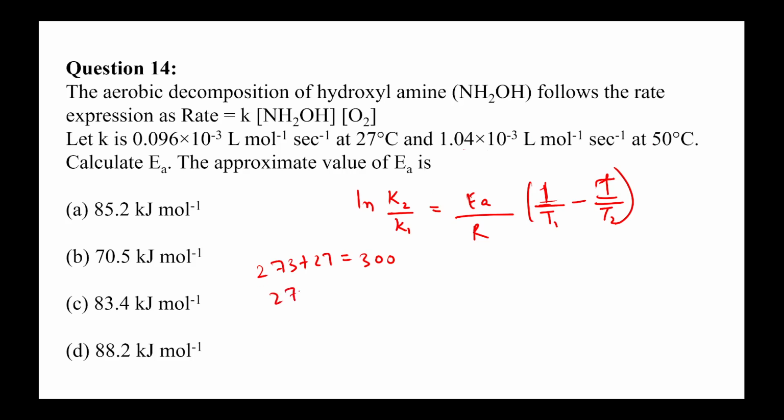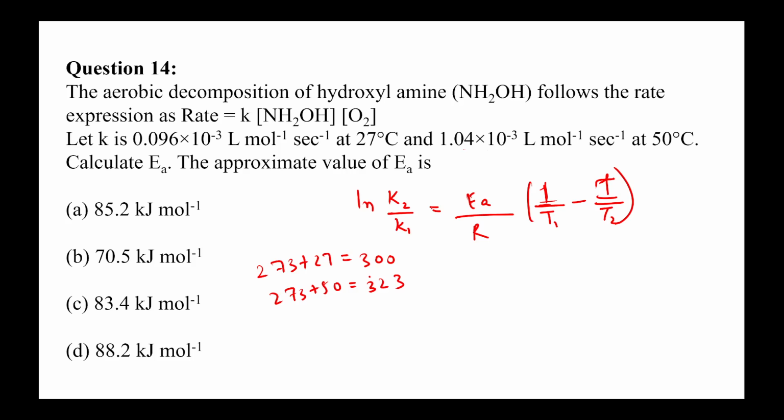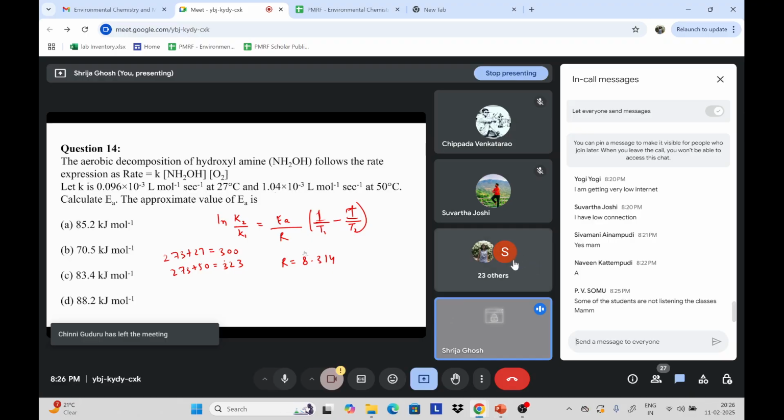So 273 plus 50 would be 323. Okay. Then you can solve for EA. The value of R here will be 8.314. So everybody do the calculation.